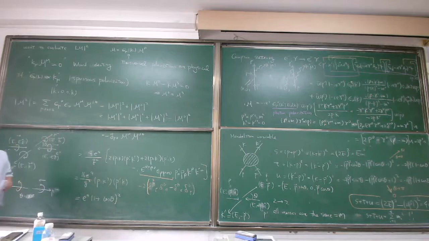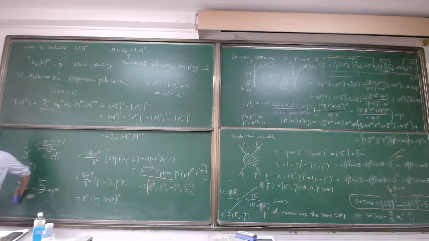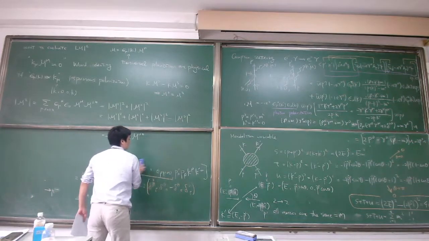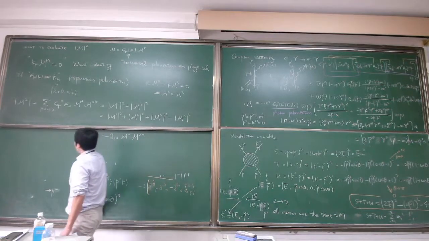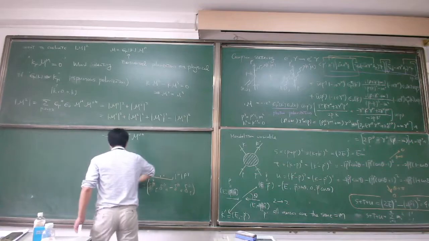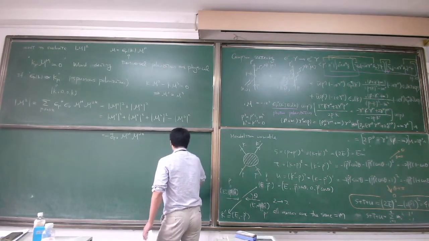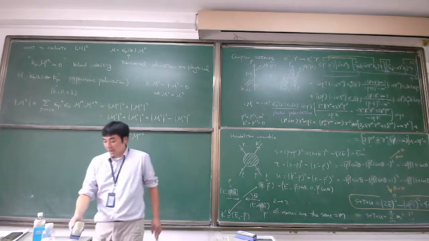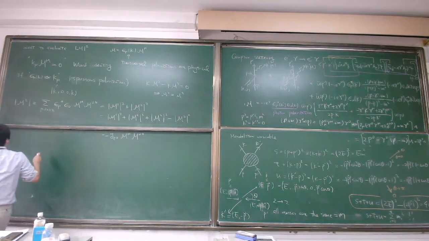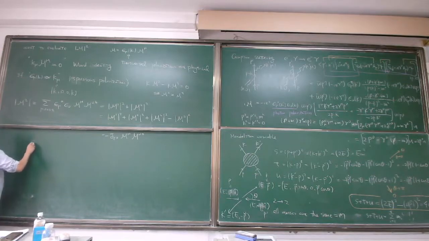Okay, minus. So here, what we have is that, in fact, one can replace the sum of the photon polarization, which is indeed equal to minus g mu nu.